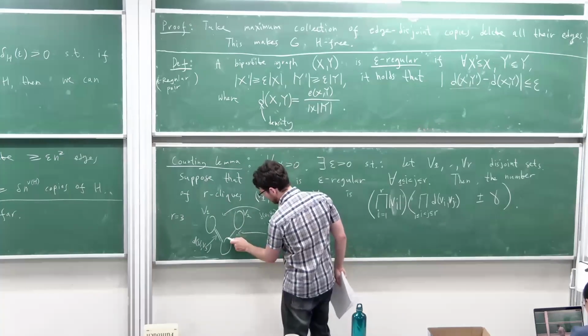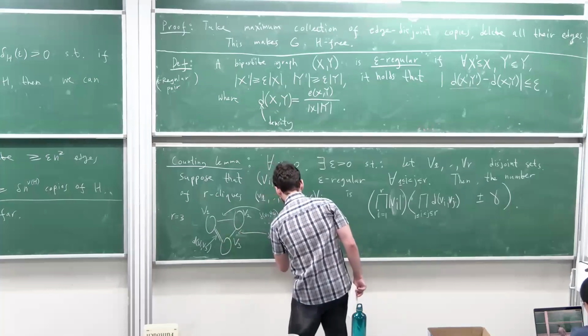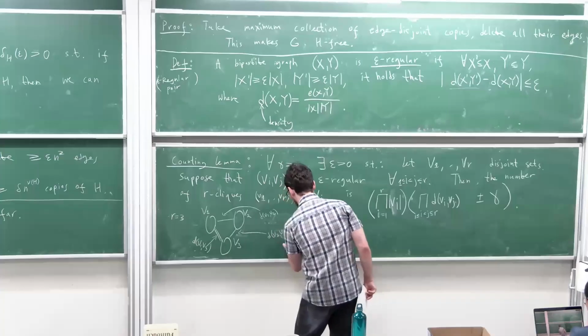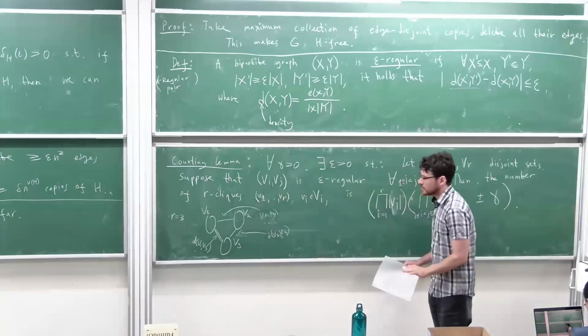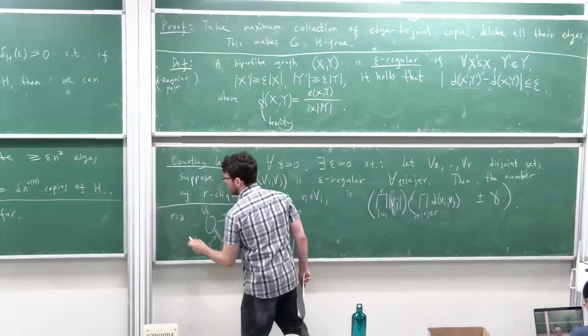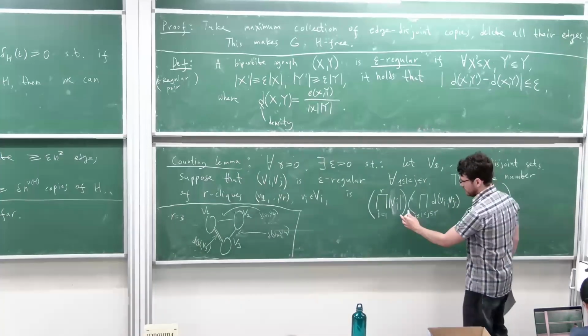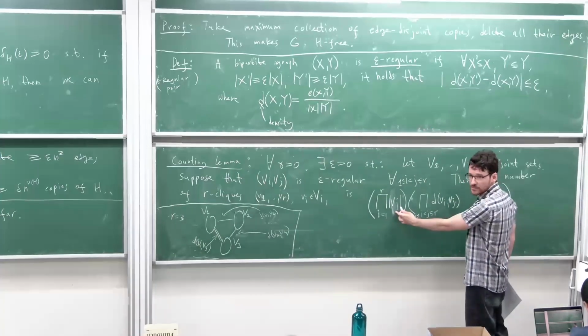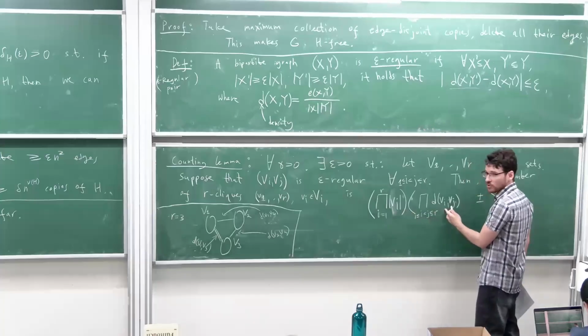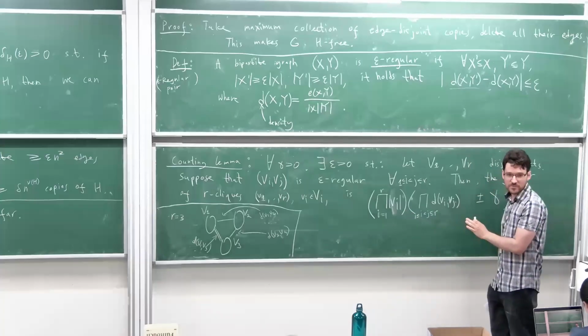And here d(V2, V3). So imagine for a second that we do this at random. So how many triangles do we expect? It's exactly V1 times V2 times V3 times the product of the densities. This is exactly the expected number of triangles.